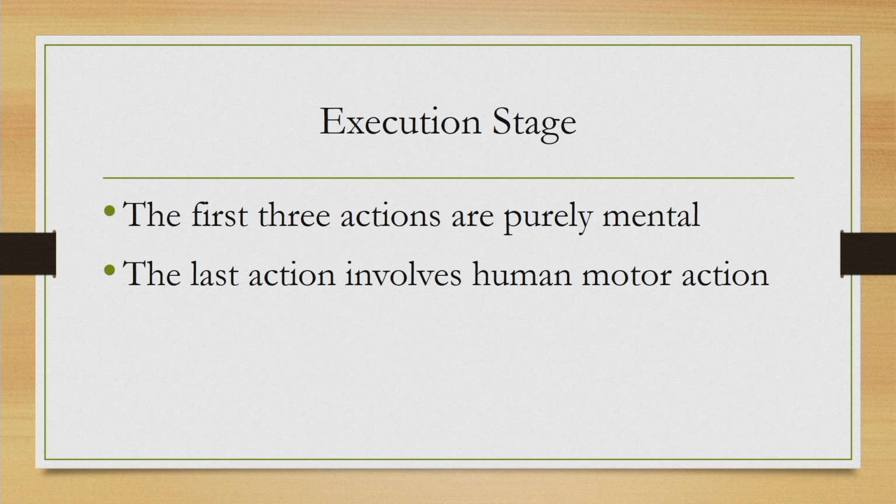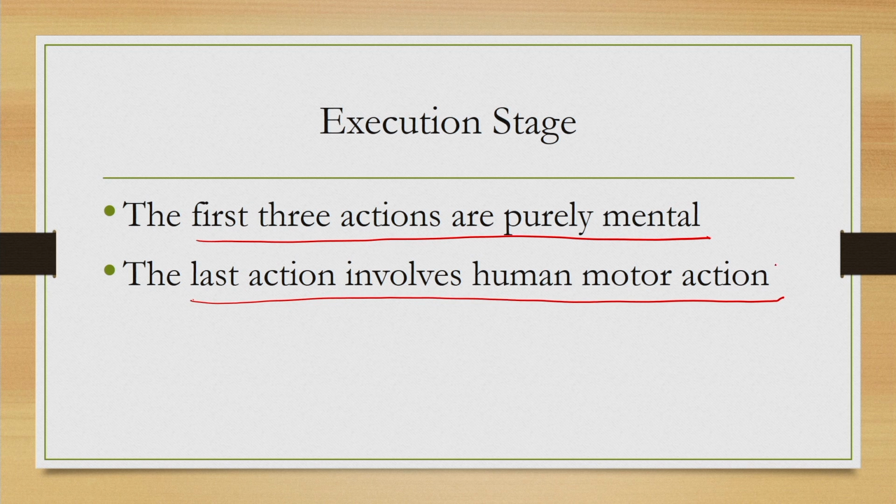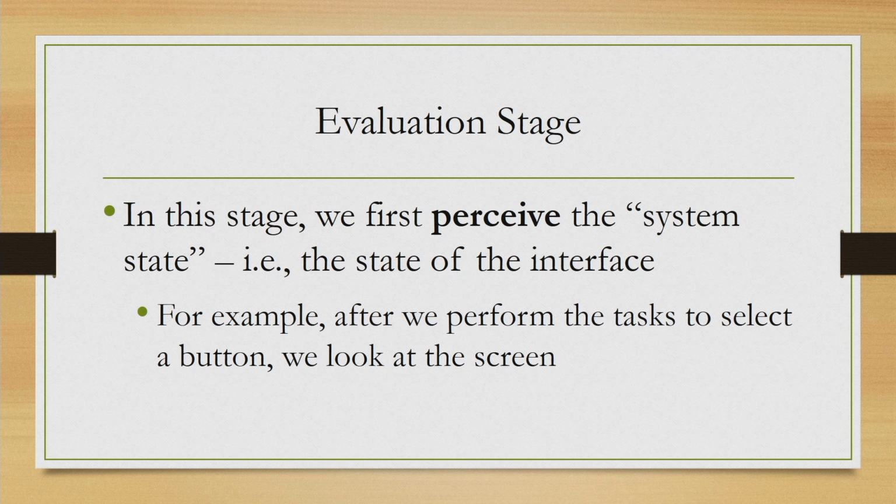Now, among these 4 actions, the first 3 are purely mental, as you may have probably noticed. Setting a goal, formulating intention, and translating the intention to real world actions are done in your mind. And when you are asked to execute those actions on the screen, that involves human motor activities. So, that is a motor action. So, that is the execution stage.